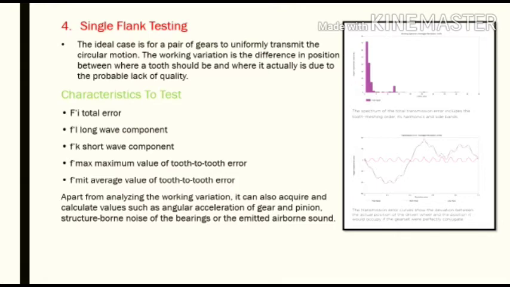Also, there is a good point here. Apart from analyzing the working variation, it can also acquire and calculate values such as angular acceleration of gear and pinion, structure-borne noise of bearing, or the emitted airborne sounds.